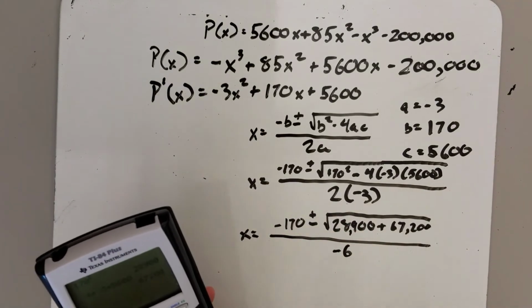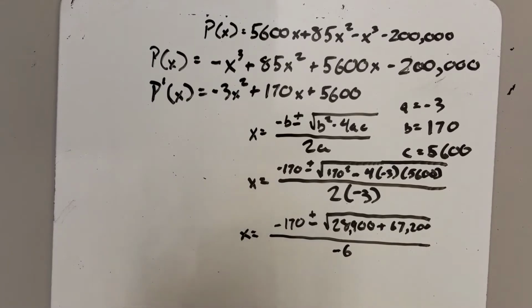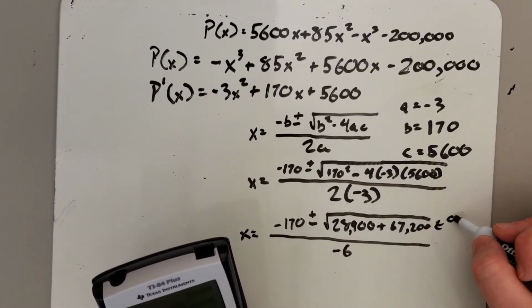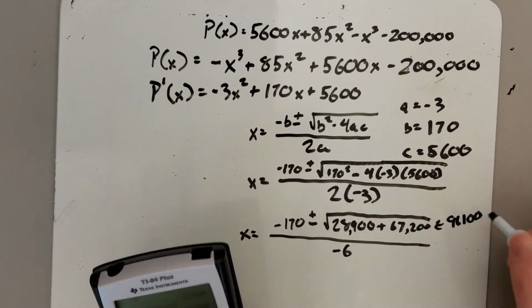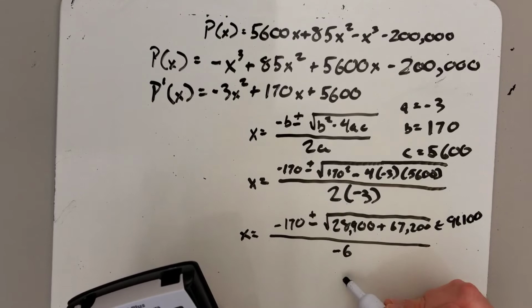Good. Let's take this a step further. Let's combine these two and take the square root of that. So what I have inside here will equal 96,100, and hopefully that's a perfect square. It is. It's 310.